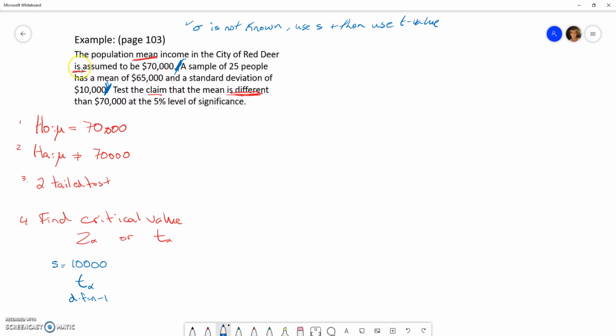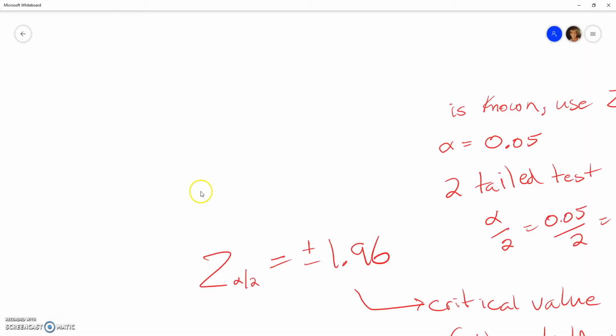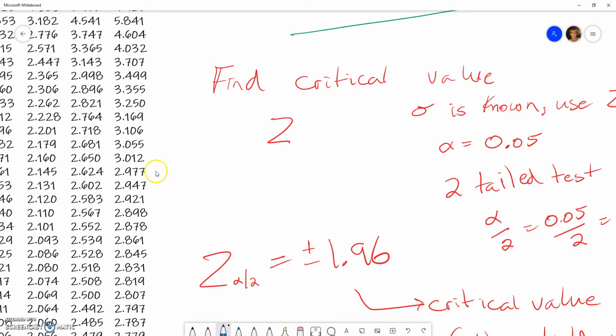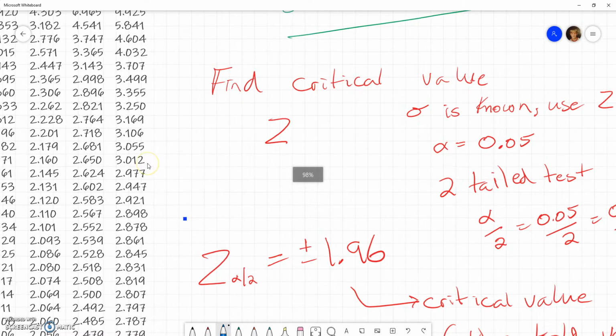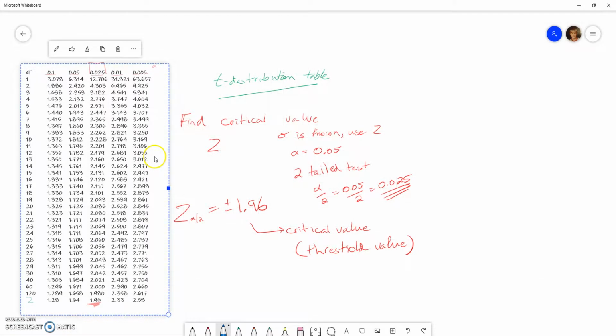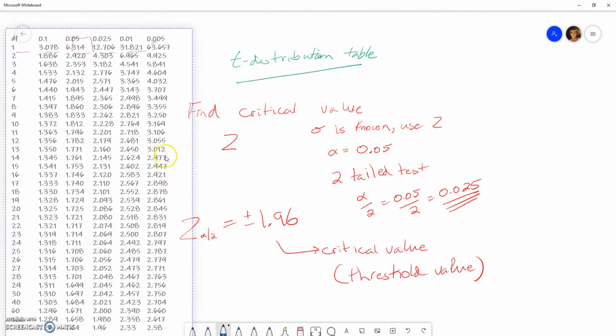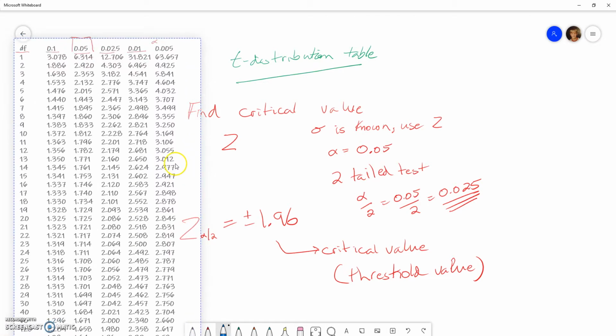So let's go to our t-table. We have this. Let's make this a little smaller. Let's keep it right there.